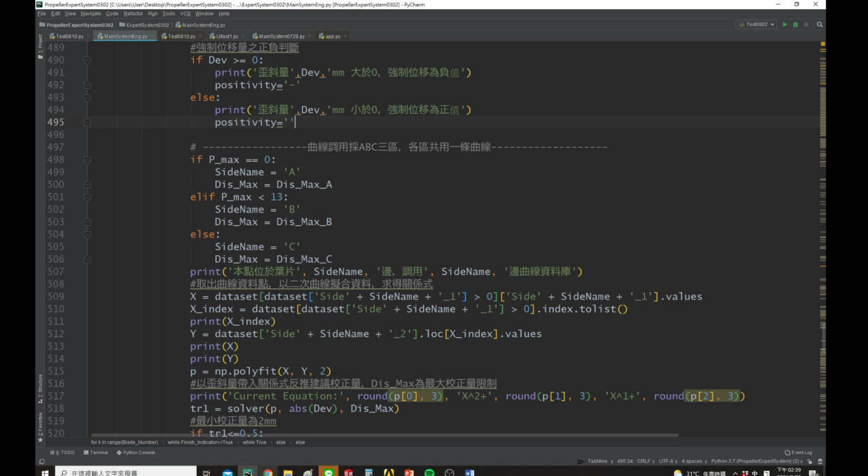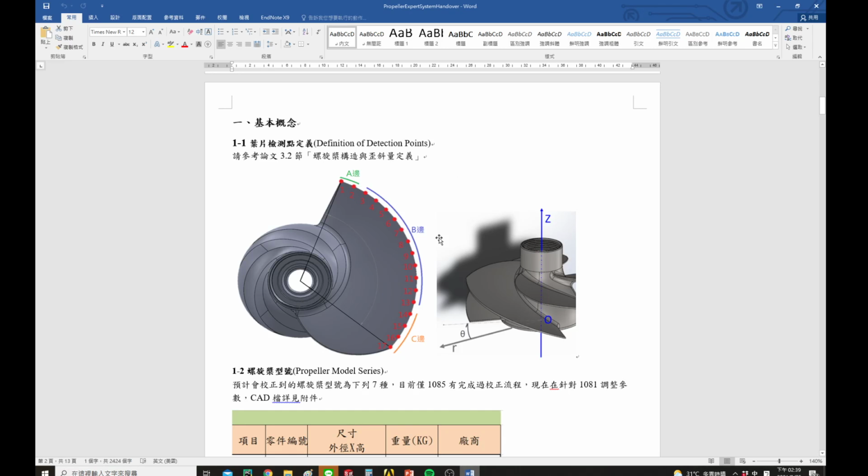Side A, side C. So now we have to decide which side the point is in.